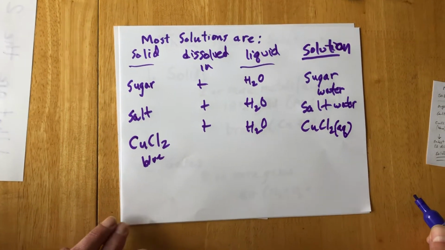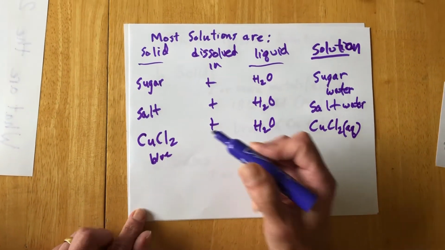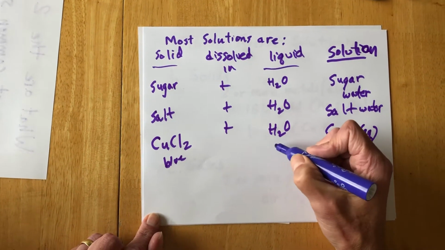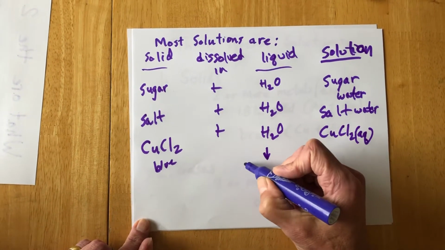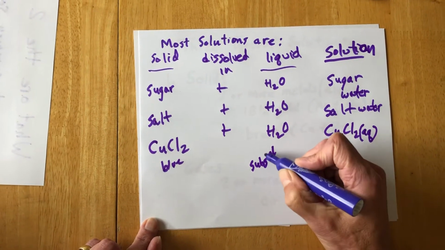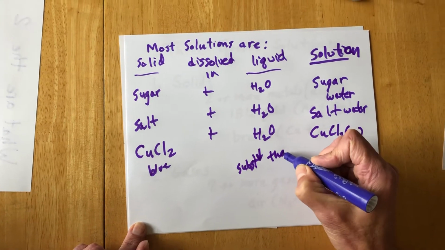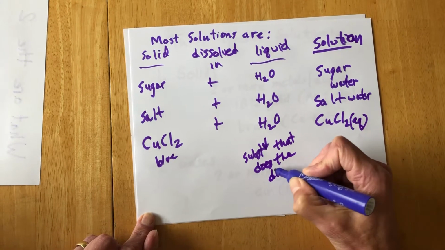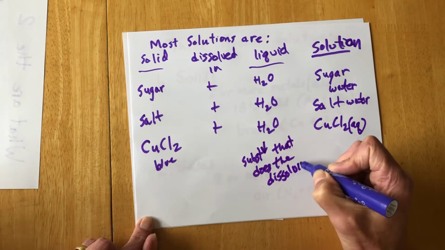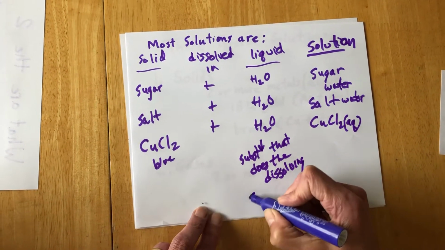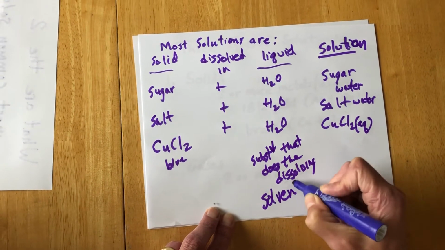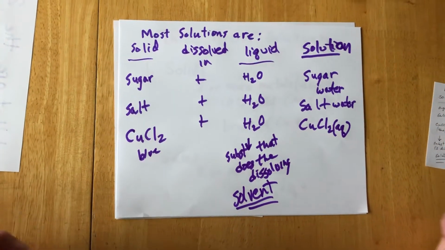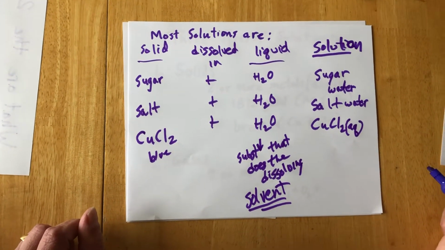You might remember that. Now we have a name for these two parts of a solution. The substance that does the dissolving is called the solvent. In most cases, the solvent in chemistry class or in real life is going to be water, right?